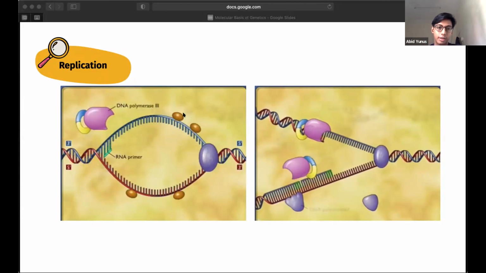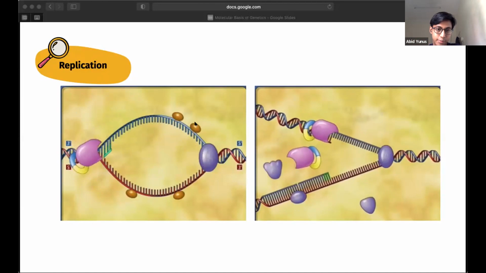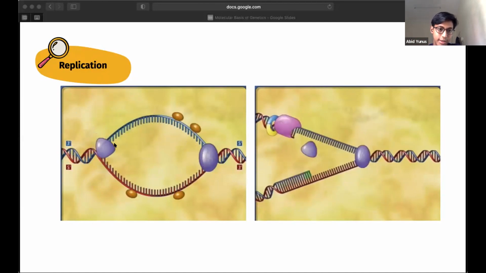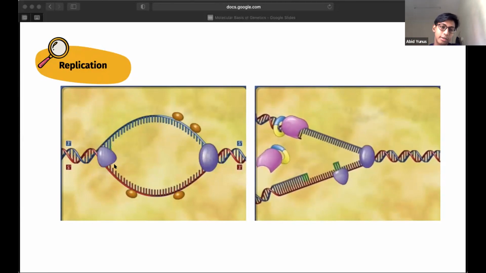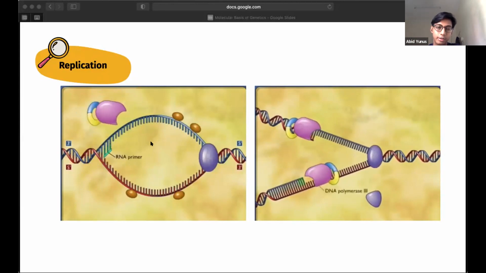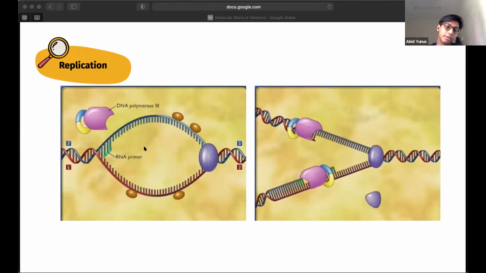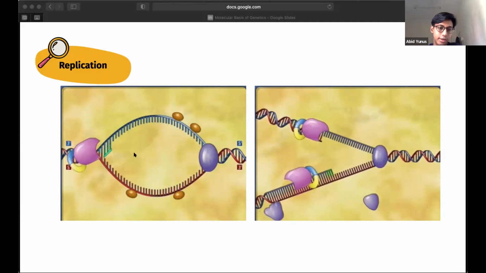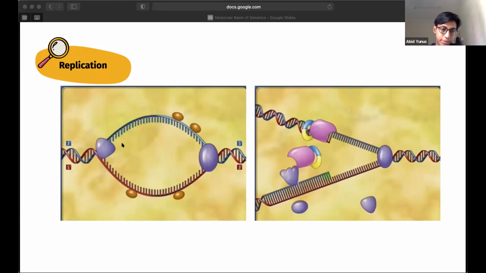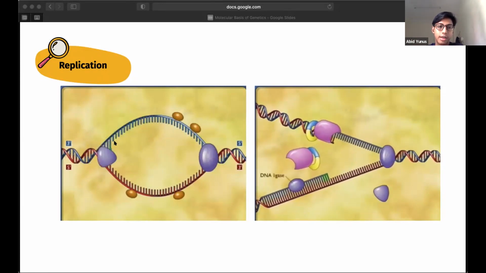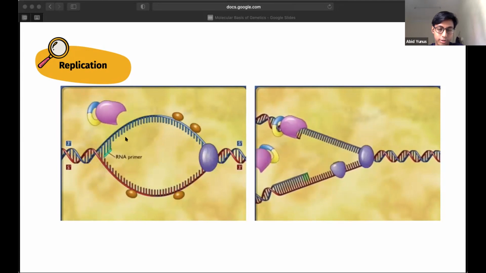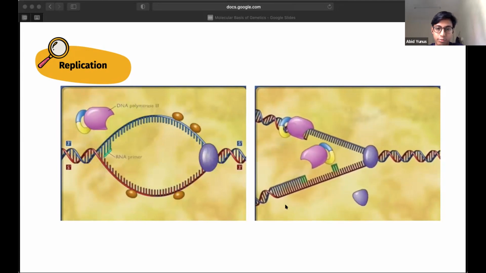Okay, after helicase and the SSBP have done the job, a primase will add an RNA primer at the promoter region. And then after the RNA primer has been added, DNA polymerase will attach itself to the RNA primer and continuously add nucleotide bases to the growing strand.